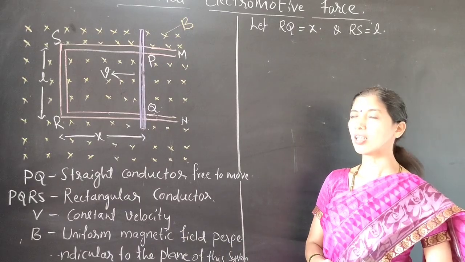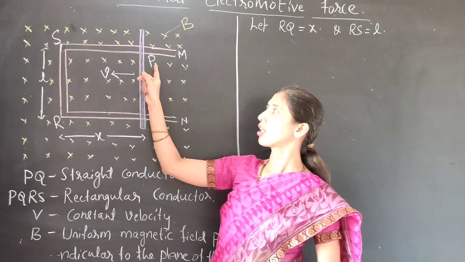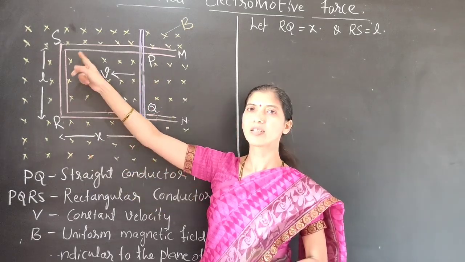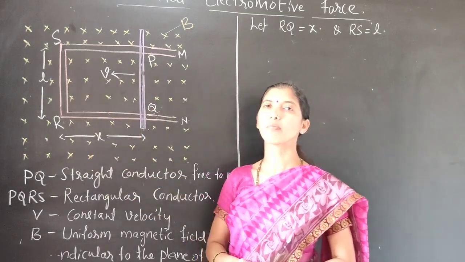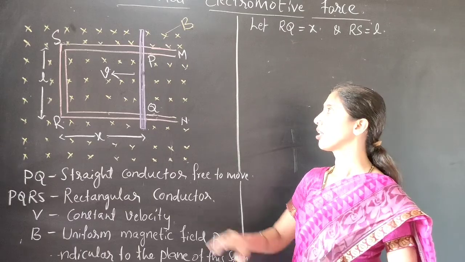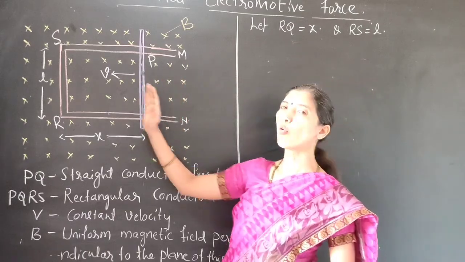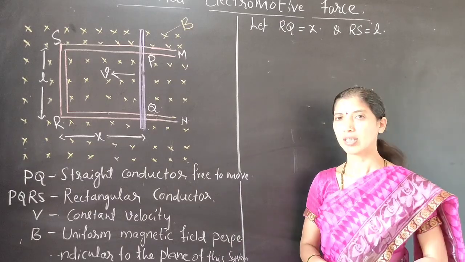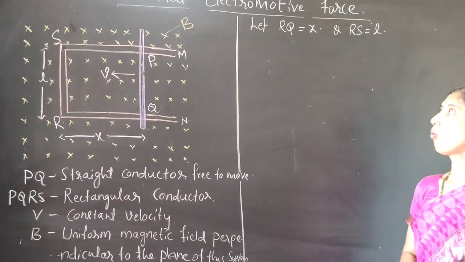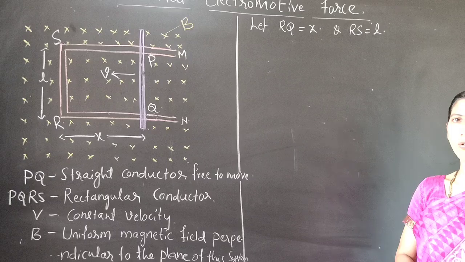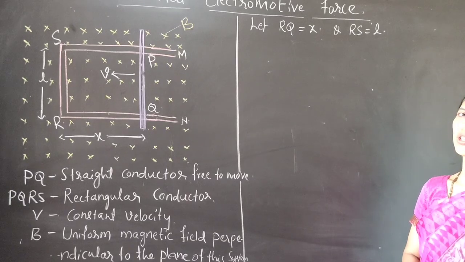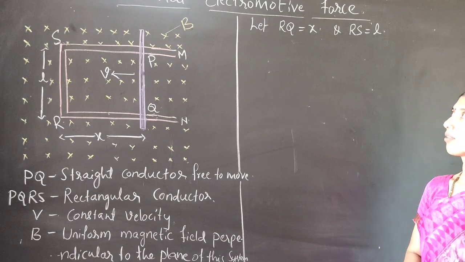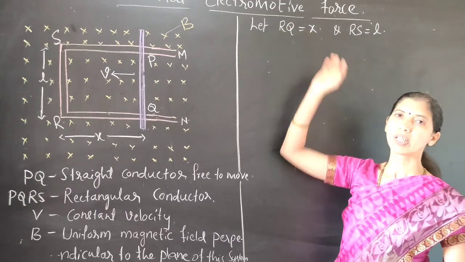Let us consider a rectangular conductor PQRS placed in a uniform magnetic field in which the conductor PQ is movable. Now we have to derive the expression for how the EMF E is induced due to the motion of the conductor.